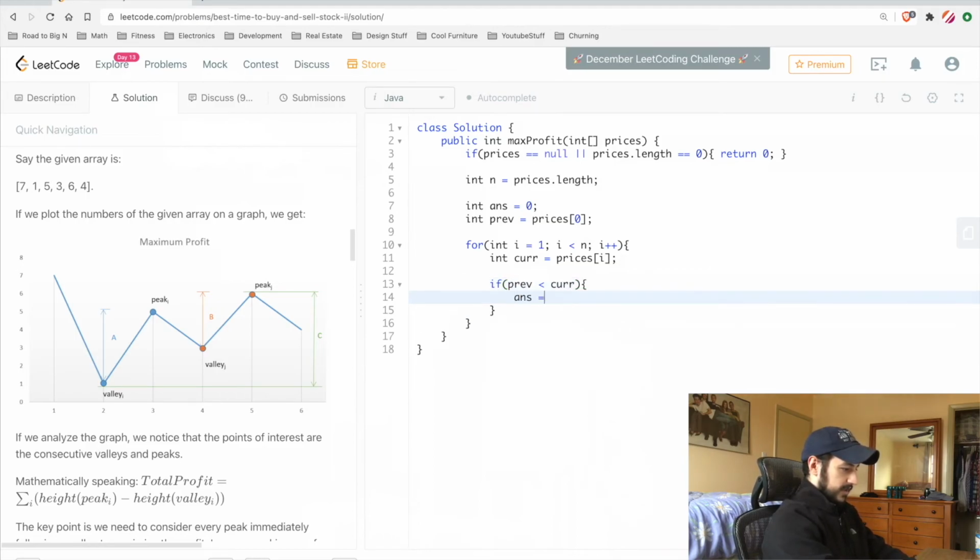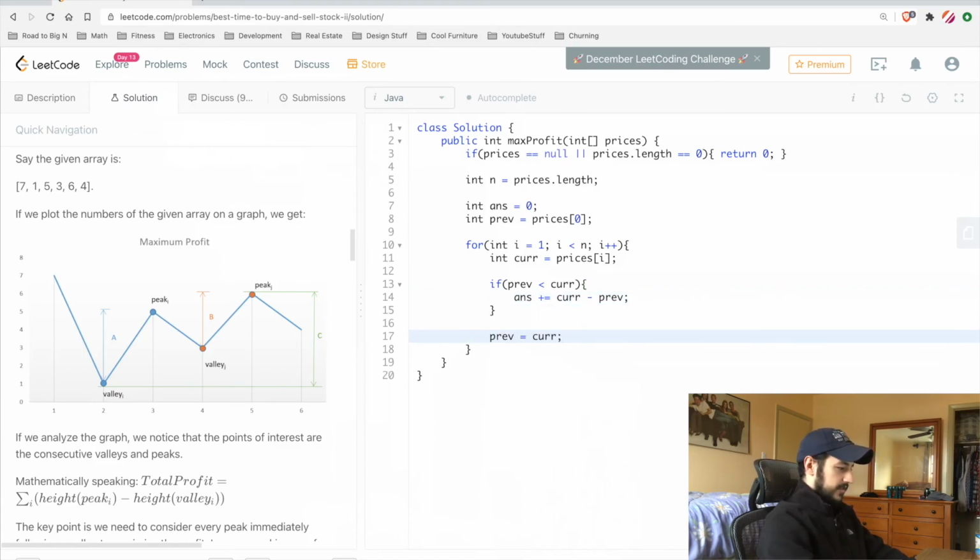So we can say answer plus equals current minus previous. And then, if not, we just say previous is equal to current. And then current will be moved up as we go through the array. And then return answer. And that should be it.